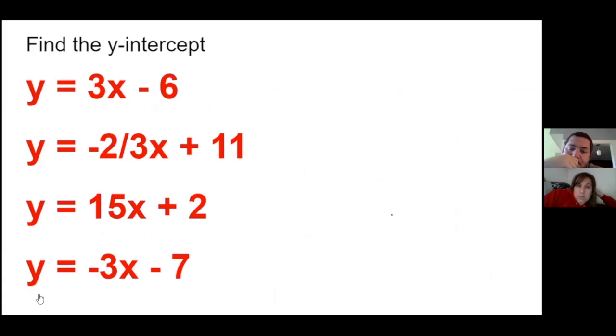Okay. We said that b is the y-intercept in y equals mx plus b. So whatever is right here in this space should be the y-intercept, right?